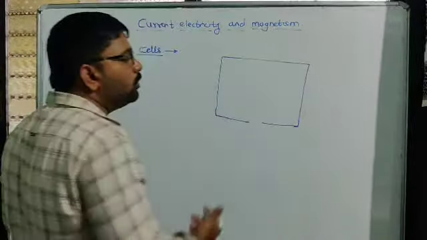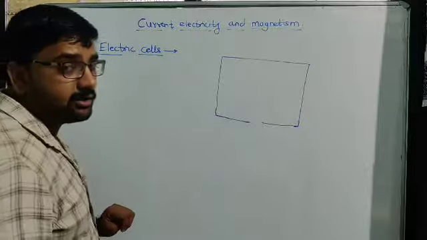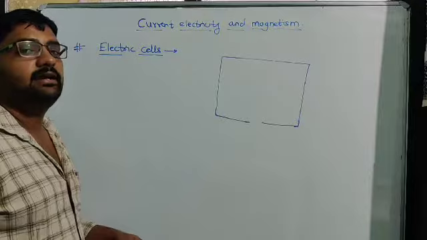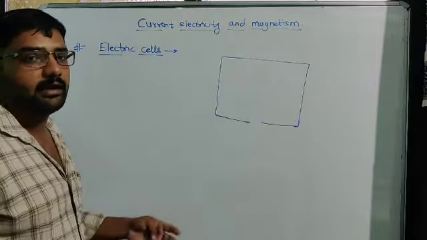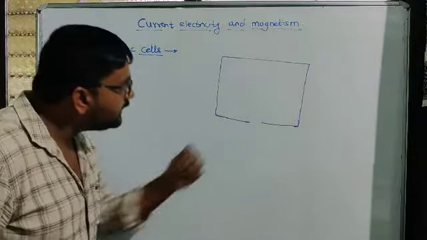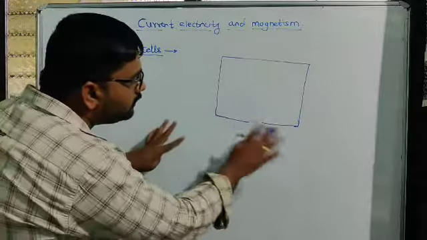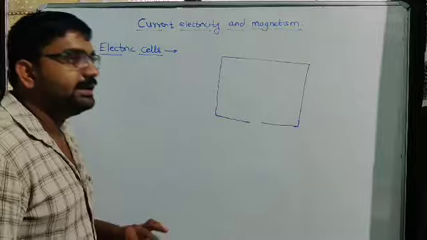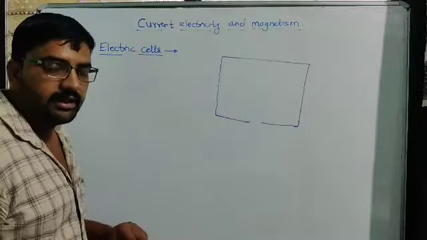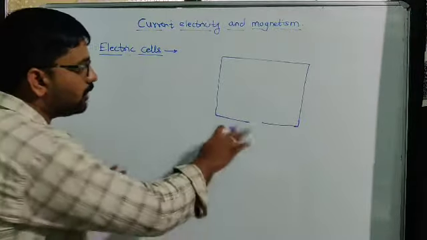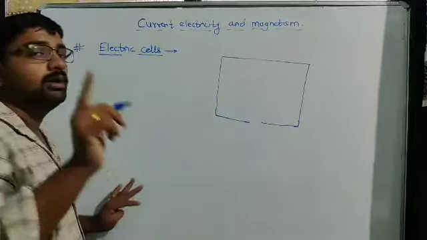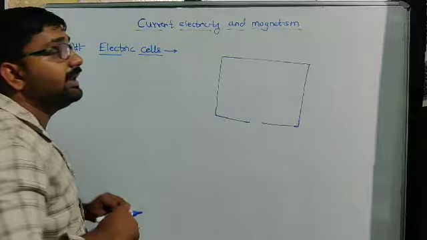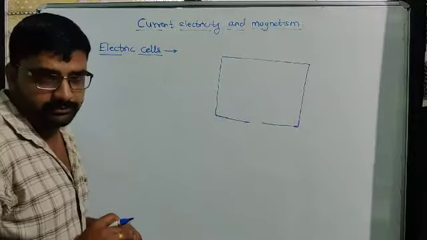We know the very basic thing is that potential difference should be present, and only then can charges flow, and that we call electric current. But here we did not connect any cell, we did not connect it into an electric circuit. So this whole wire is at one electric potential, and everywhere the electric potential is the same.